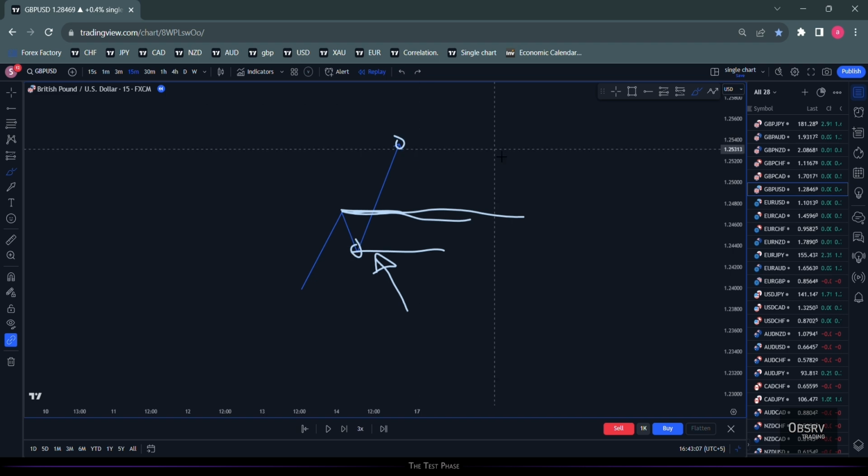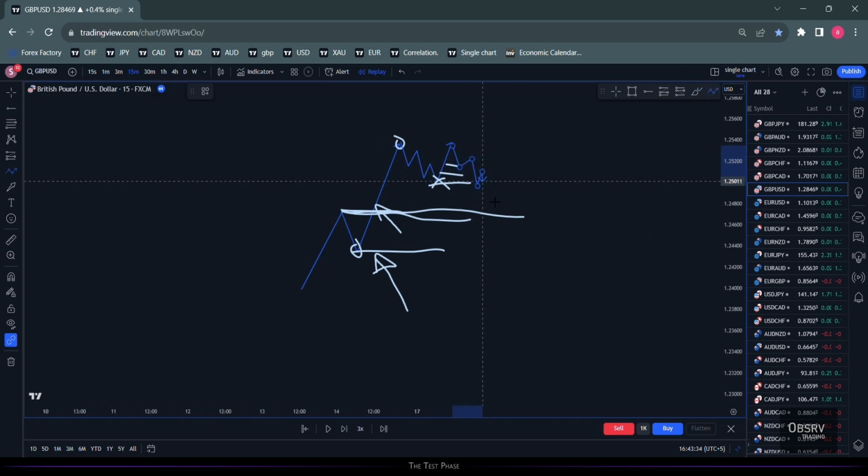For the first pullback, the price is going to put in a higher low and it's going to show you that this buyer is here to stay because it's put in a higher low. As it puts in a higher low, people start to get in on the buys with their stop losses below this.